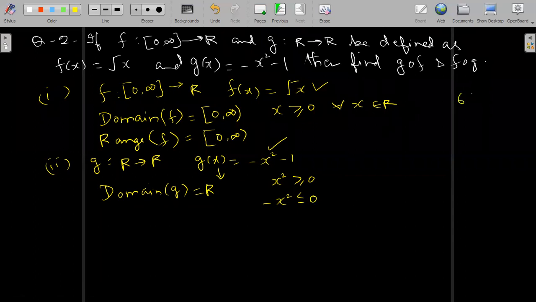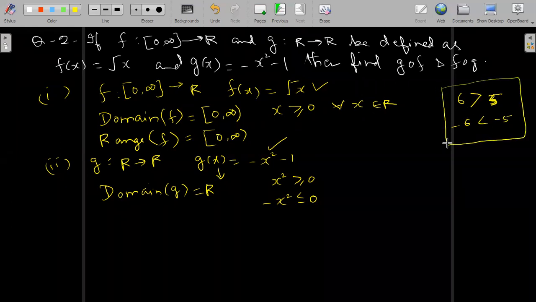Because 6 is greater than 5, if you multiply, then minus 6 will become less than minus 5. So whenever you multiply both sides of an inequality by a negative, the inequality is reversed. Greater than will become less than, and less than will become greater than.